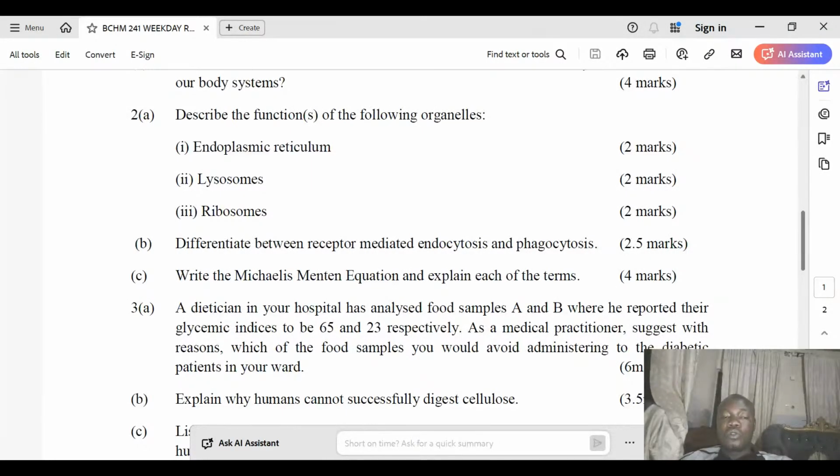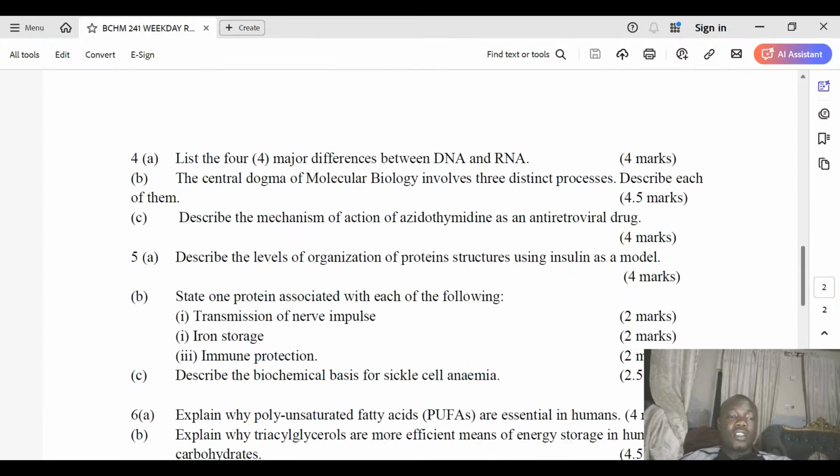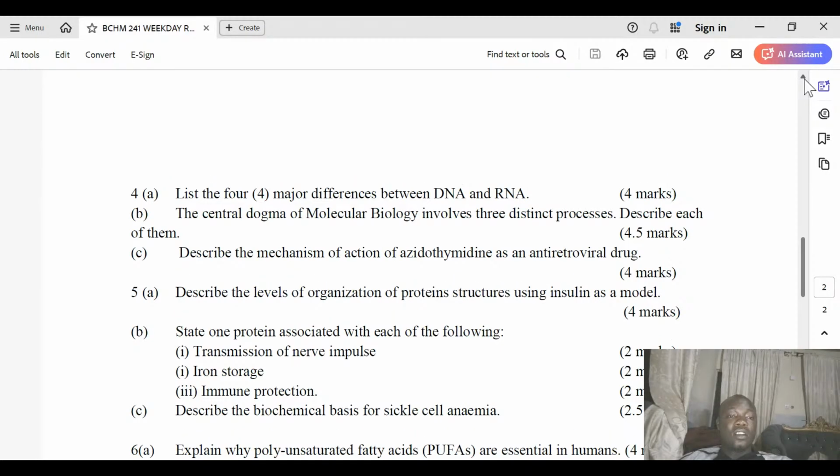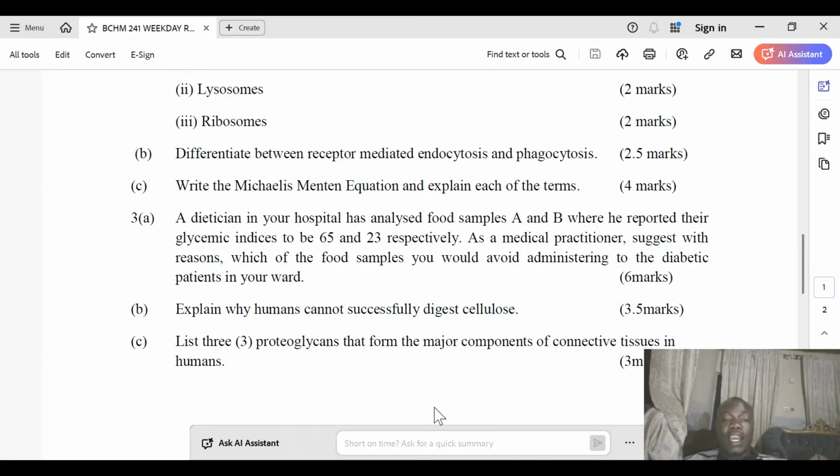So now let's move to question 3C. Let's look at question 3C. List three proteoglycans that form the major component of connective tissues in humans. So what are the proteoglycans that form the major component of connective tissues in humans?